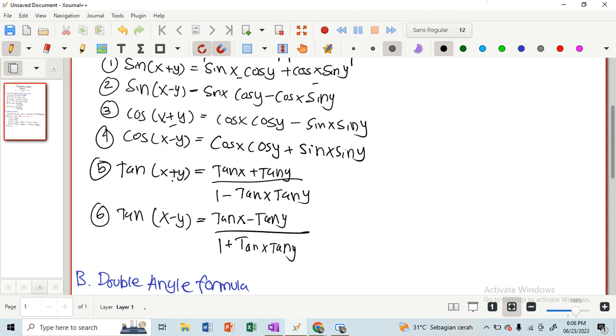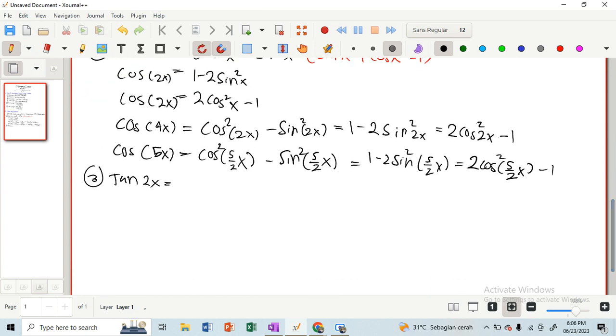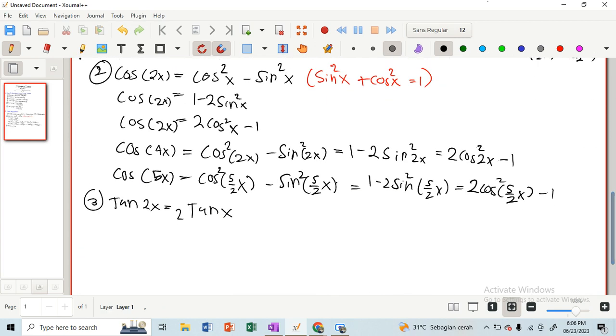So if we change the y term into x, we get the tangent of 2x is equal to 2 tangent x divided by 1 minus tangent x squared. Okay, if I'm not mistaken, that's the formula.